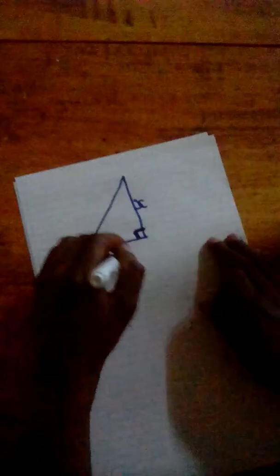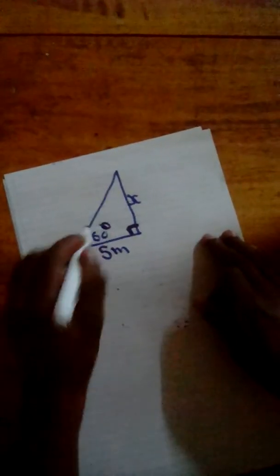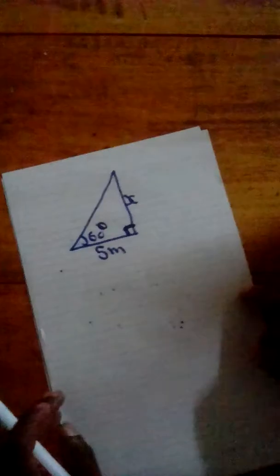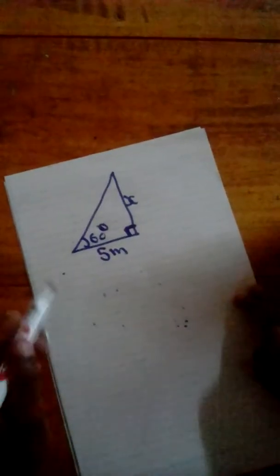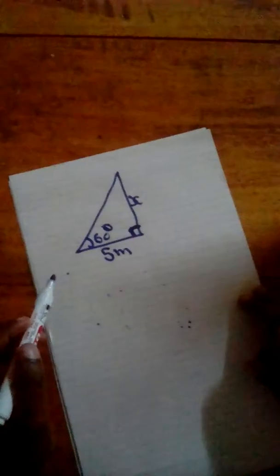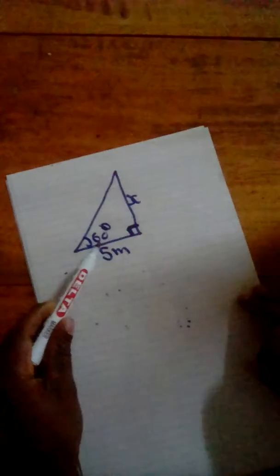This is 5 meters and this is 60 degrees. Now, 60 degrees is one of those special angles that we discussed earlier. We said angle 0, angle 30, angle 60, angle 45, and angle 90 are special angles. So this is one of those special angles.